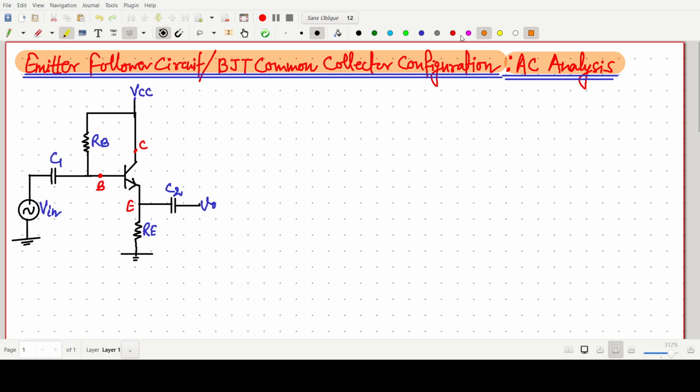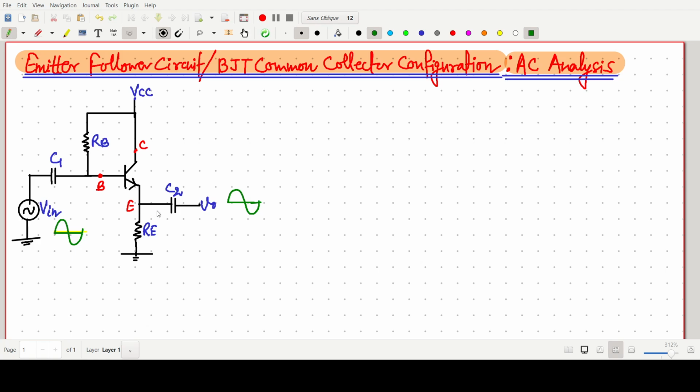And in addition to that, this circuit is called the emitter follower circuit. It means if the input across the base side will be like this, it will follow almost the same output waveform on the output side, that is our emitter side.